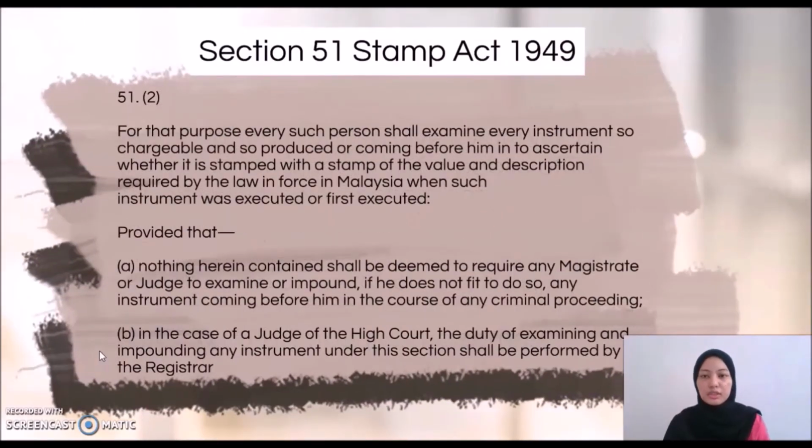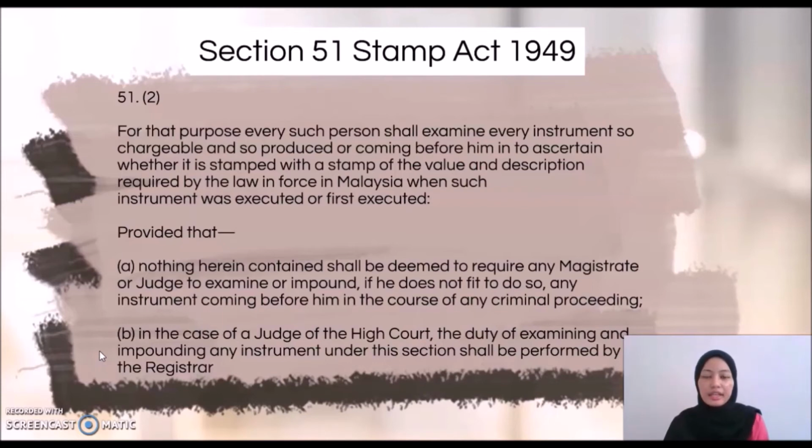So continue with Section 51 subsection 2, which is almost the same as Section 51 subsection 1, except that this section states that the duty of examining and impounding any instrument shall be performed by the registrar.